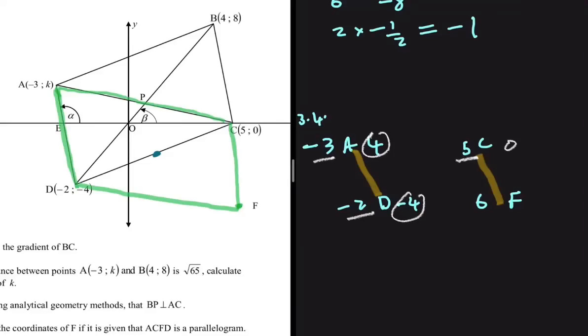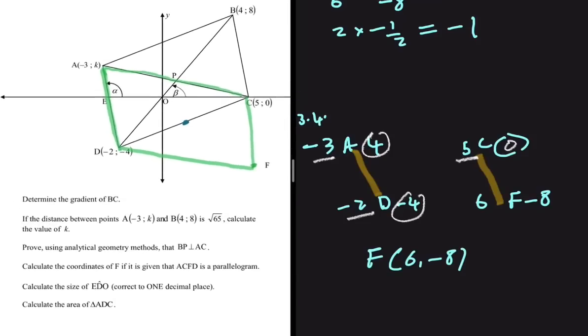So the way the y values of A and D differ should be the same way the y values of C and F differ. So that will be 0 - 8, which is -8. So the coordinates of F are (6, -8). Yeah, so you can do that instead of using the midpoint.